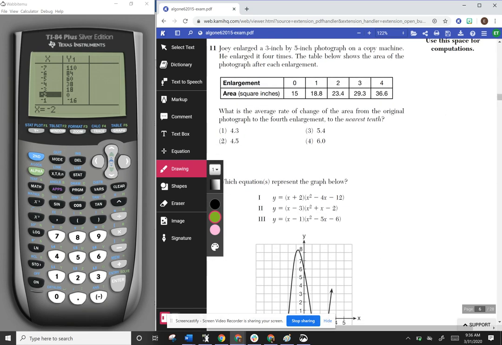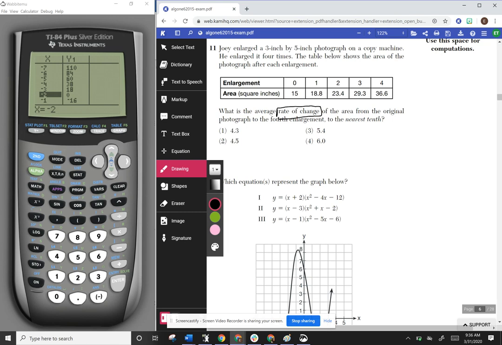Question 11. Joey enlarged a 3-inch by 5-inch photograph on a copy machine. He enlarged it 4 times. The table below shows the area of the photograph after each enlargement. What is the average rate of change of the area from the original photograph to the 4th enlargement? Okay, so it's asking about rate of change.